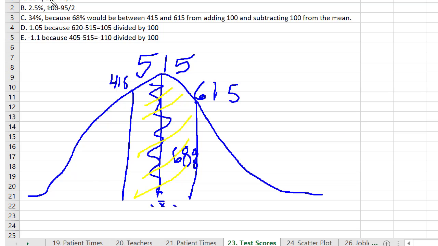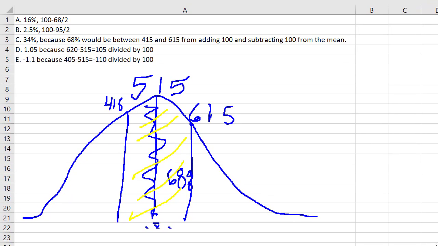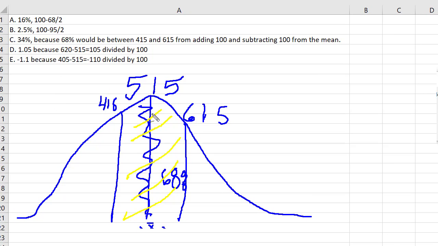So that's 100% minus the 68%, which would be 32%. But that 32% is split on both sides of this distribution.